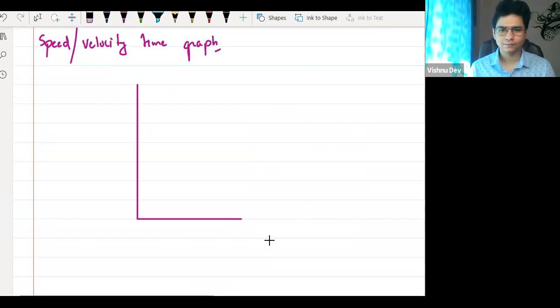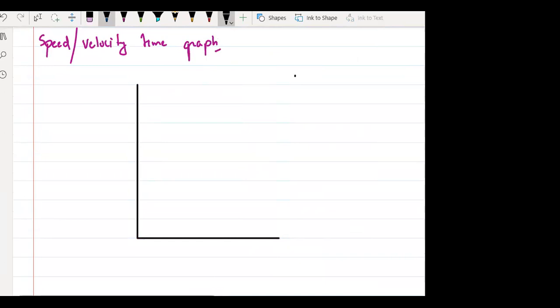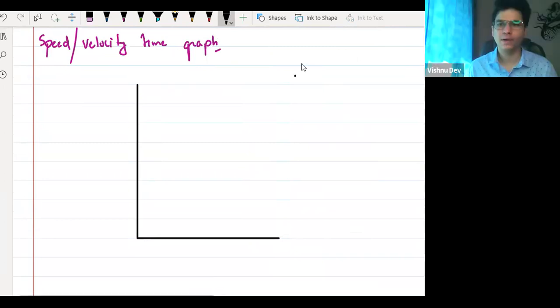And guys, when velocity and speed are equal, tell me, in which case velocity and speed are equal? Yes, very good, Varsha, very good. If body moves in a same direction, okay.